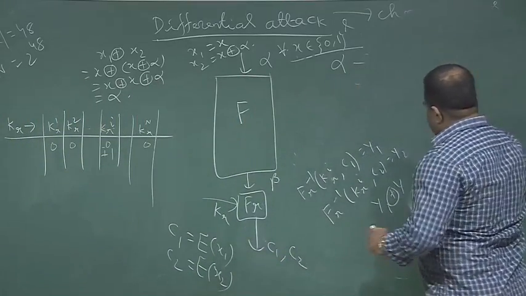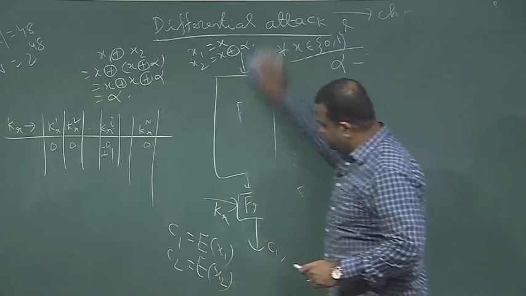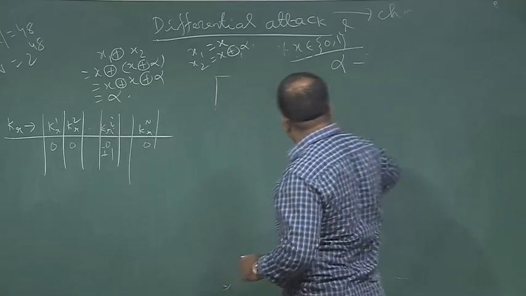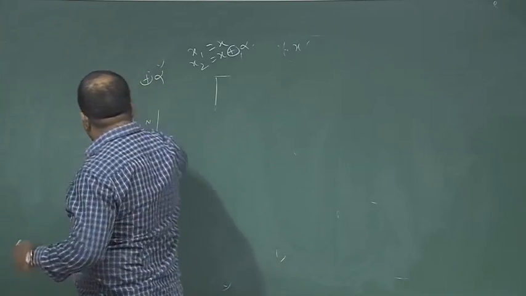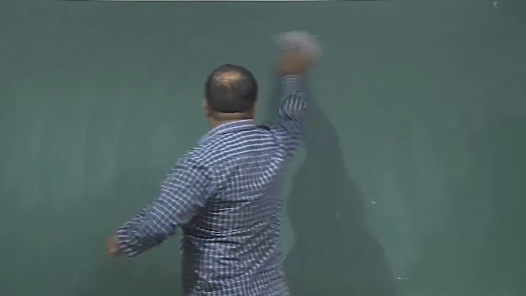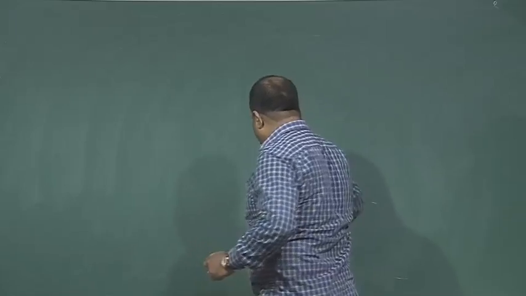For that, let us look at some simple block cipher to find alpha and beta. Maybe we can try an S-box.